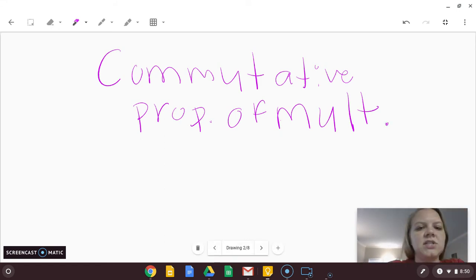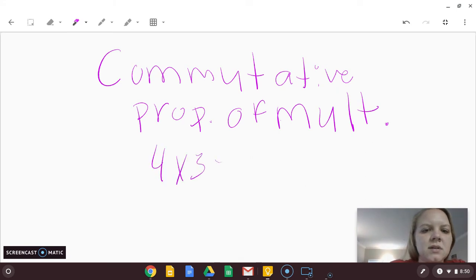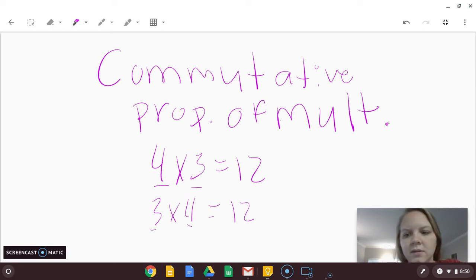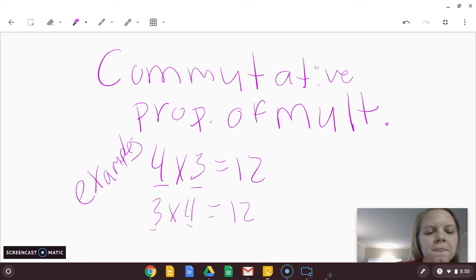What this says is you can change the order of the numbers, but the product is going to be the same. Either way you put the two factors, the product is going to be the same. So instead of writing out words for the definition, we're just going to show examples.